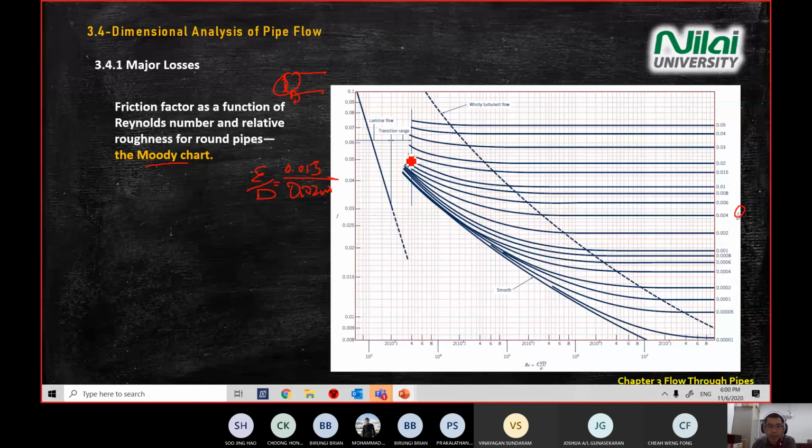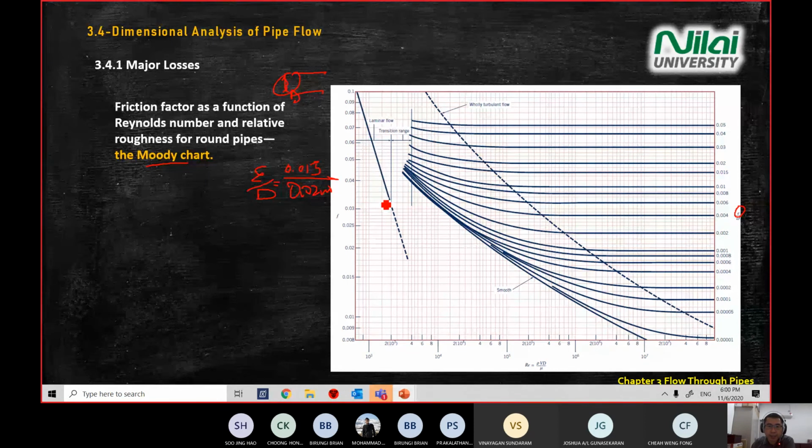Again, you need to be careful. Inside, what is the content? On the left hand side, you will see already labeled for you, you have laminar flow. The vertical lines represent the Reynolds numbers. If your Reynolds number is less than 2,100, it falls under laminar flow, where they follow this line.